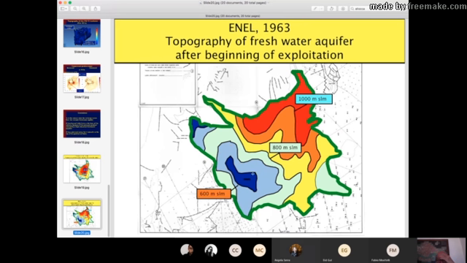And you can see also this depression going northeast through this area, where the contours have these big inflections.